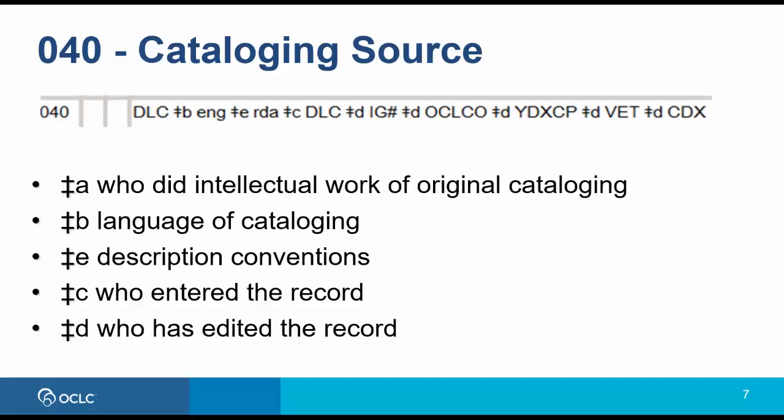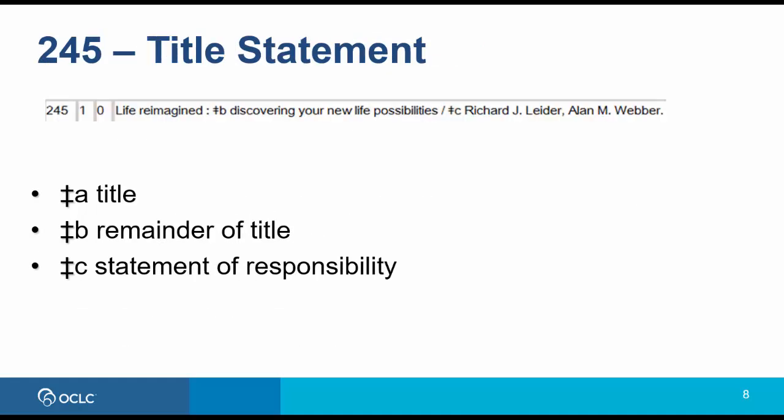Subfield E is not always present, but when it is, it has a code for rules used in the record, such as RDA for resource description and access. Subfield C identifies the institution that entered the record, and subfield D identifies any institutions that have edited the record since it was entered.